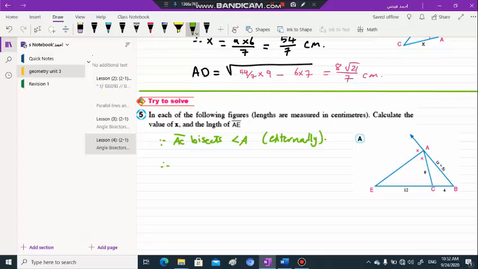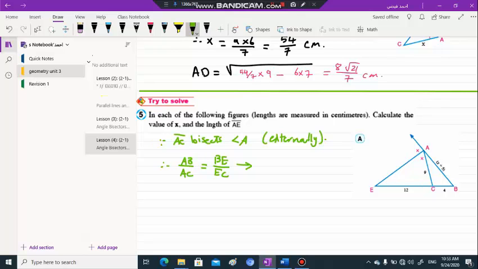we can find the value of x with the previous lesson. We say AB over AC. I start with AB, so I will go from B to the point of division, which is E, BE, and from E to the endpoint of BC, which is C. So BE over EC.